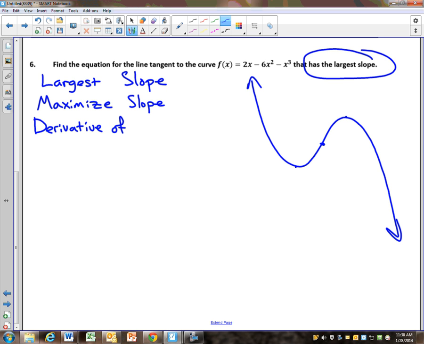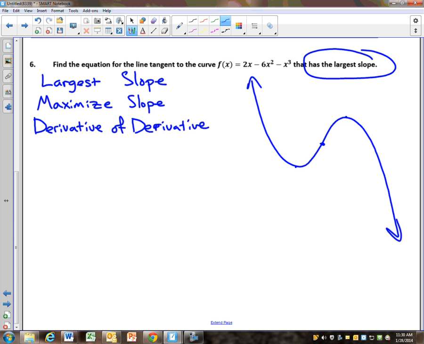How do you find the slope? Take the derivative. So when it says the largest slope, it's asking for the derivative of the derivative. So which derivative? The second derivative. The second derivative is what will solve this problem.